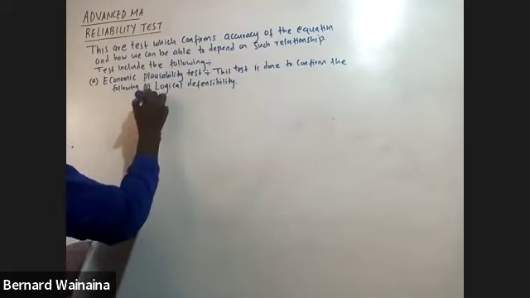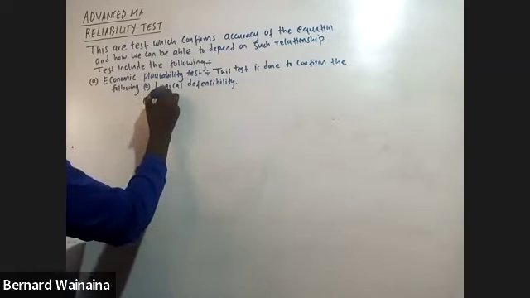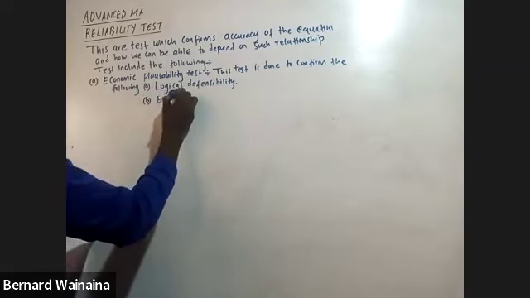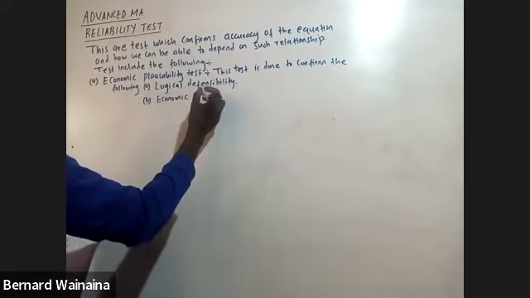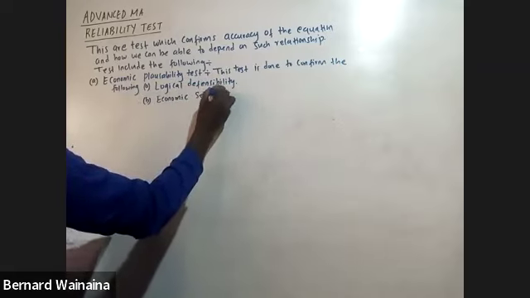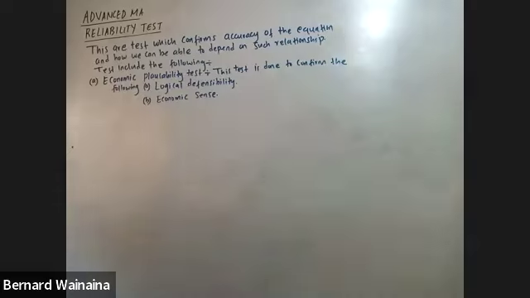Number B, economic sense. This is what we use to confirm economic sense. Is the equation making any economic sense?